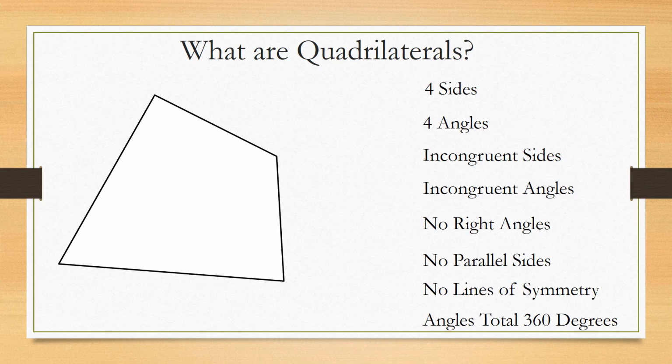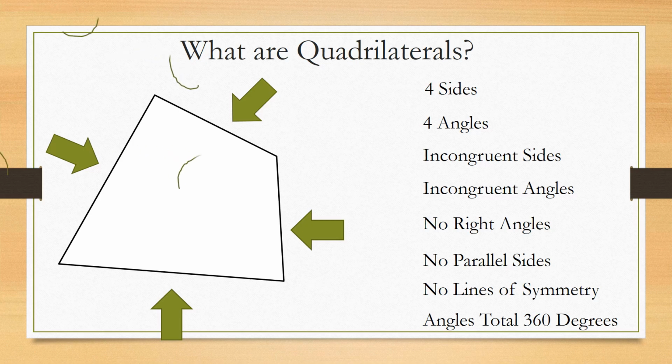So what are quadrilaterals? Quadrilaterals are plane figures that have 4 sides and 4 angles. So in general, a quadrilateral like this has incongruent sides.